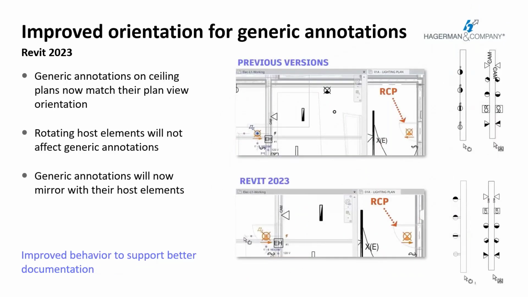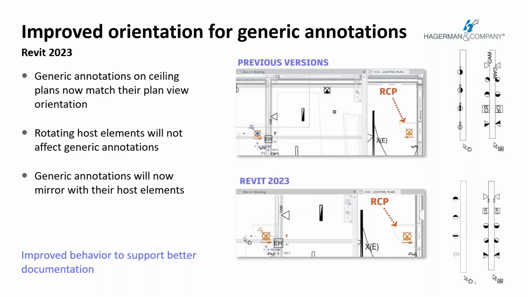All right, so Revit 23 improves the behavior of generic annotation families to maintain a consistent orientation with their host elements. In previous versions of Revit, generic annotations on ceiling plans would point in the opposite direction from the same element on plan views. In Revit 23, generic annotations on ceiling plans will match the plan view.